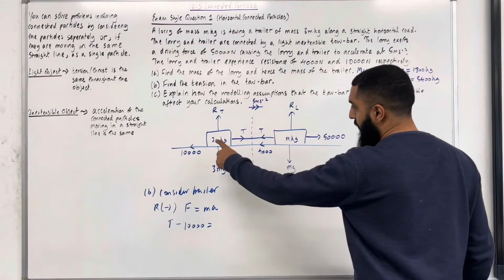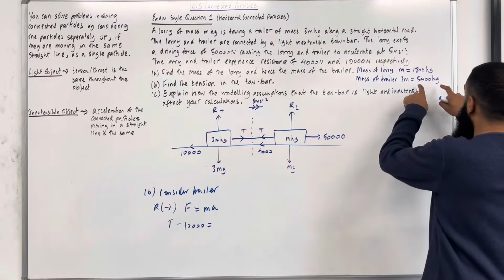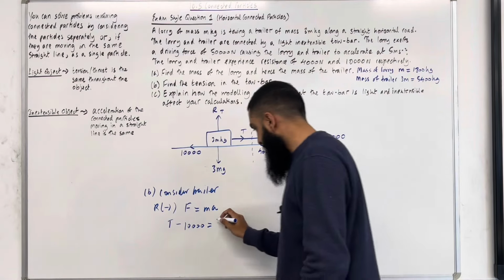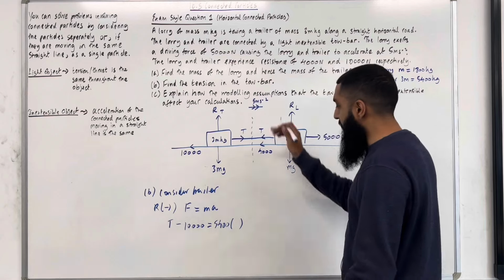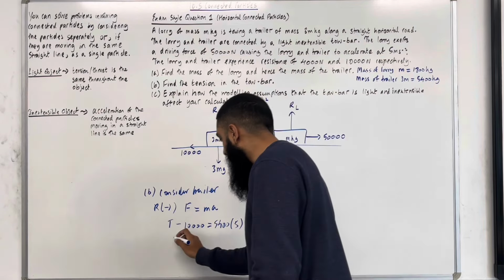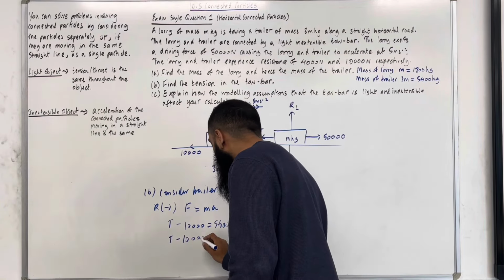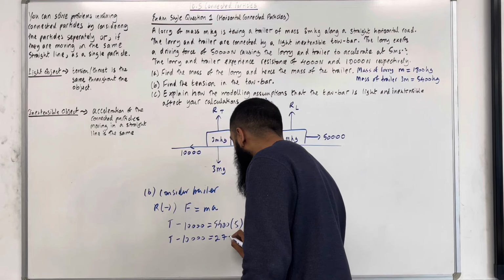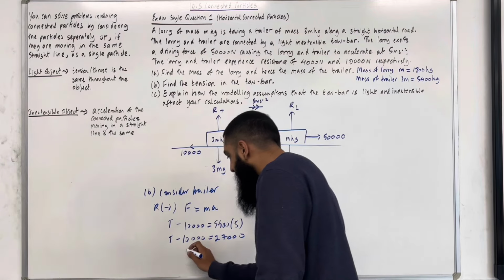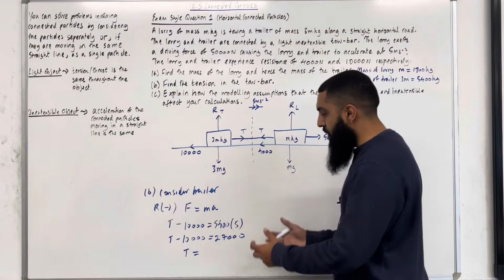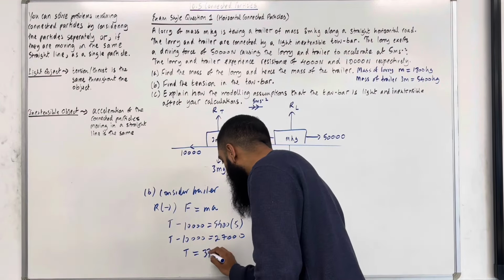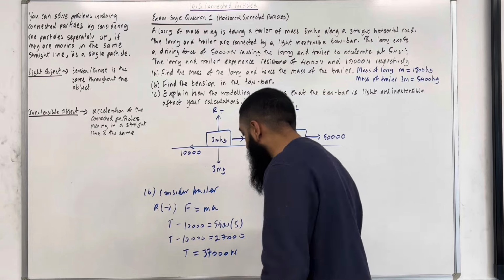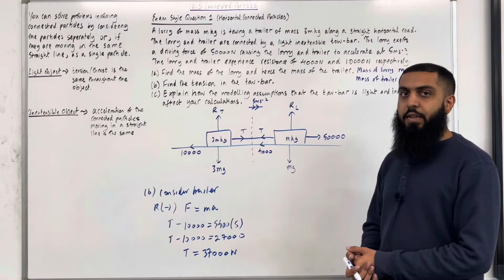So that would be 3m, which is 5,400, multiplied by the acceleration, which is 5. So T minus 10,000 is equal to 27,000. Hence T, the tension, is equal to 27,000 plus 10,000, which is 37,000 newtons. That there is the answer.